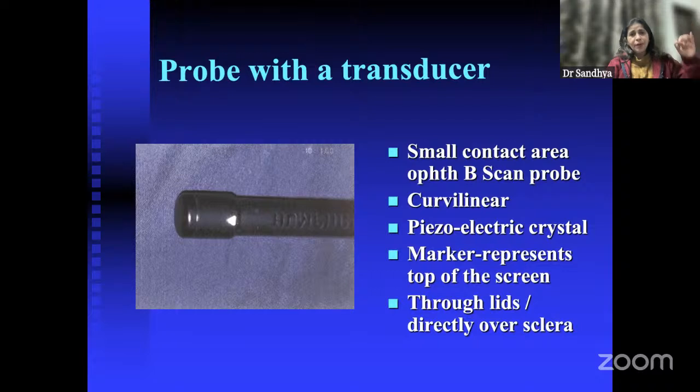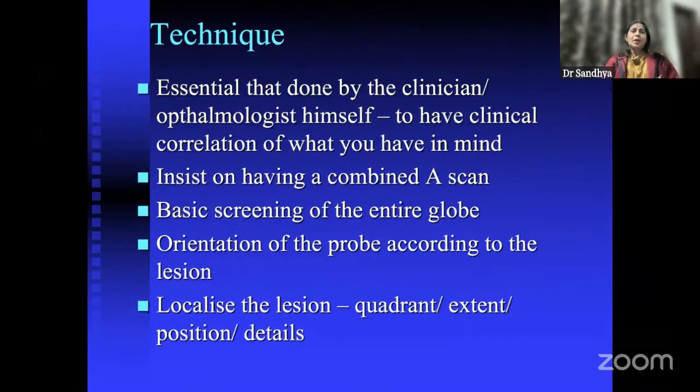You will be rotating this probe, so wherever the marker is, that is the top end of the screen for your reference. Mostly we are doing the scan through the lids, though some people do it directly over the sclera, but what we are showing you is through the lids.